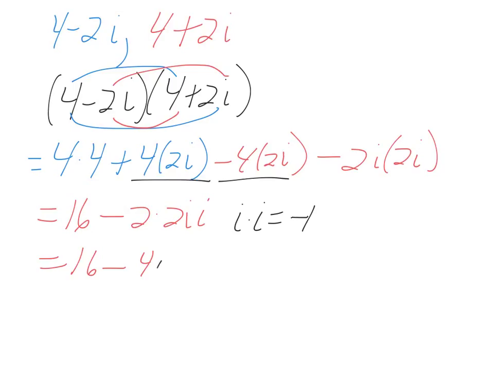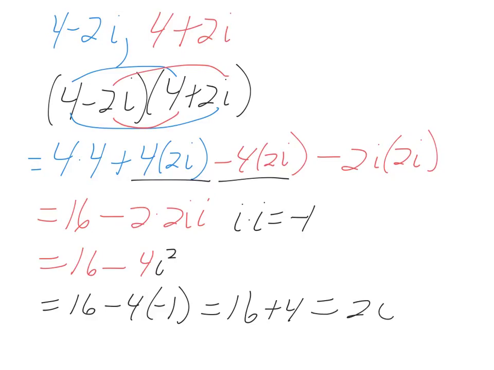So we have 16 - 4 i squared, and i squared is -1, so we have 16, negative 4 times negative 1 is 4, so then we have 20. That would be our answer then.